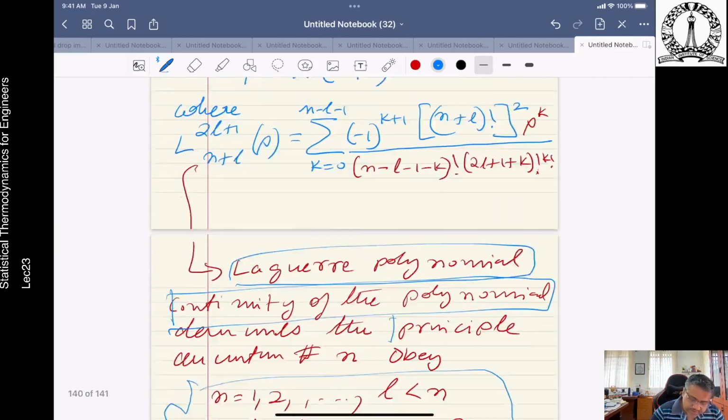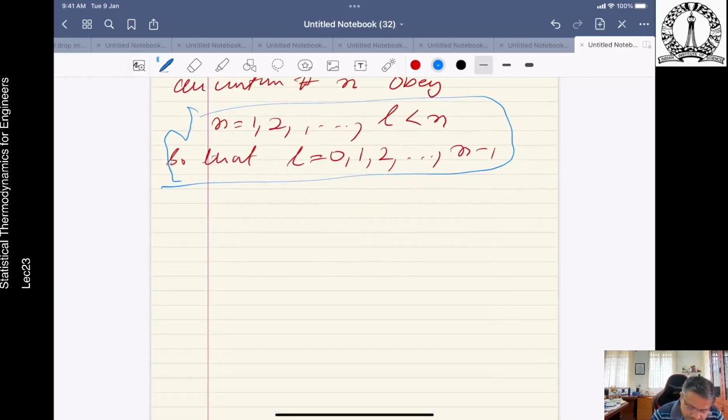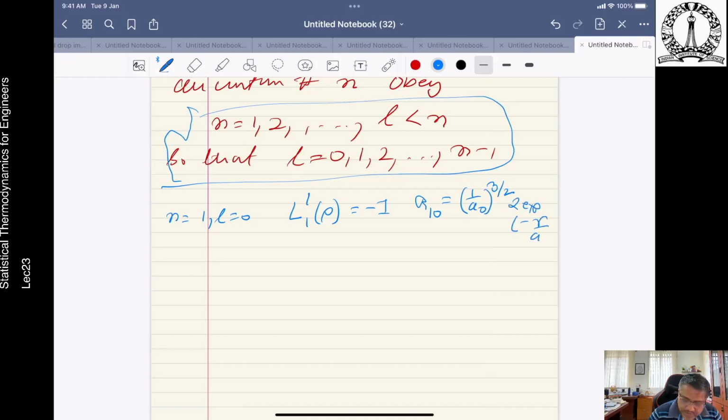For n equal to 1, L equal to 0, the Laguerre polynomial is equal to minus 1, and R 1,0 is given as 1 over a naught to the power of 3 by 2, into 2 exponential minus r by a naught. That's the first one.